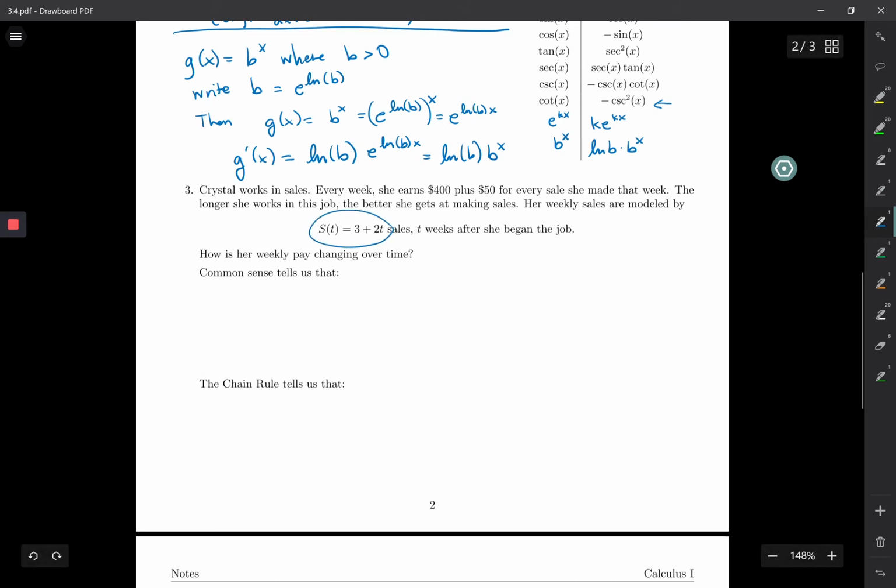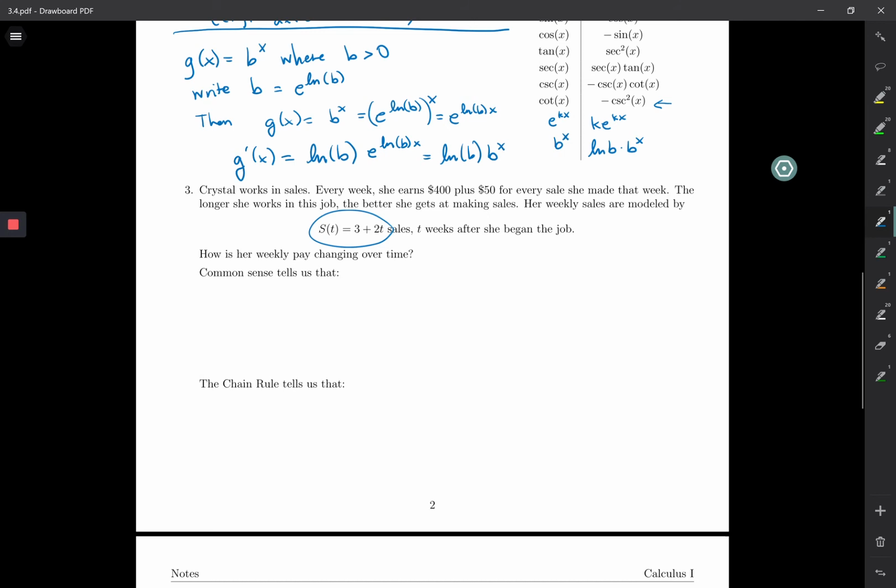So she starts off at t equals 0. She made 3 sales in the first week. And then as she keeps going, she makes more and more sales over time. Okay, so how is her weekly pay changing over time?